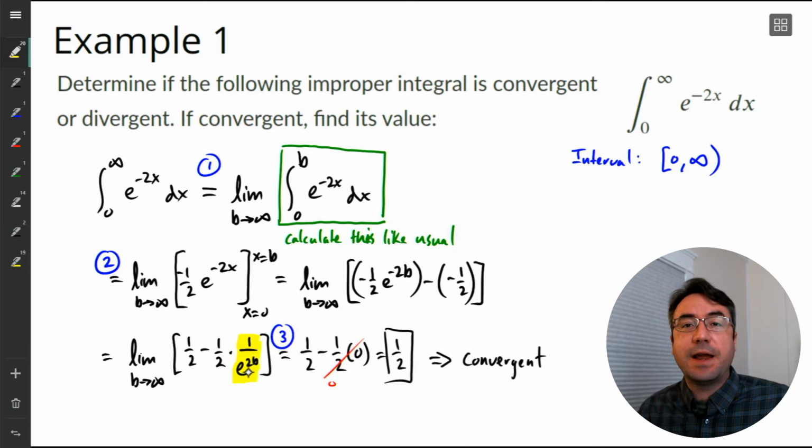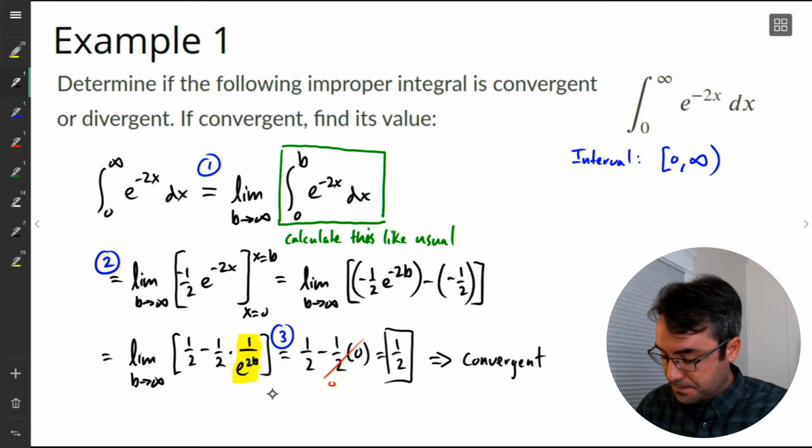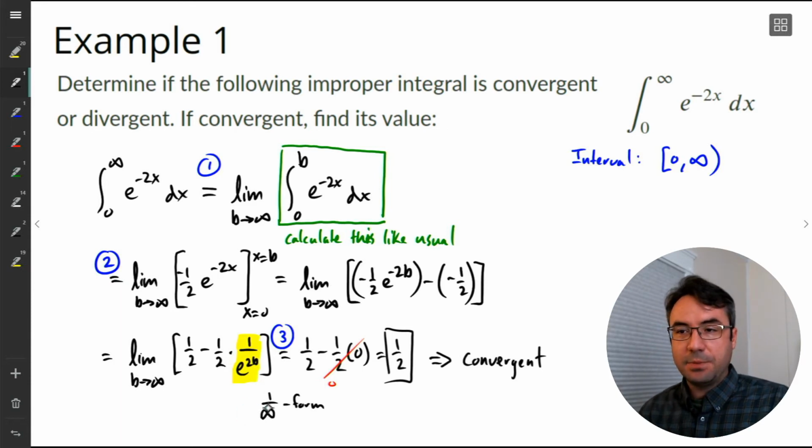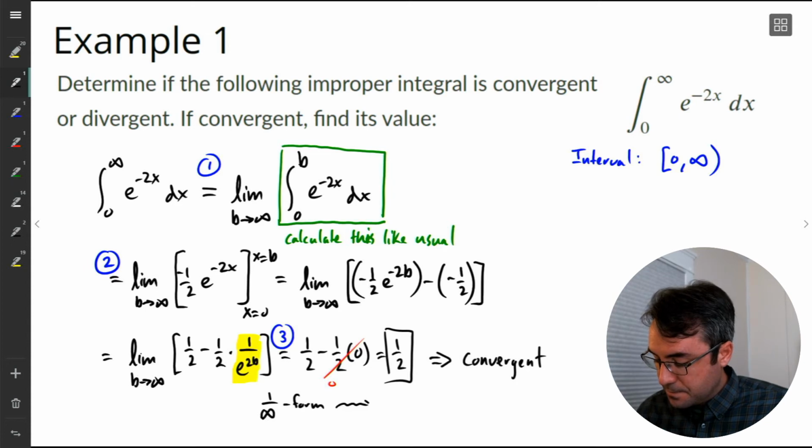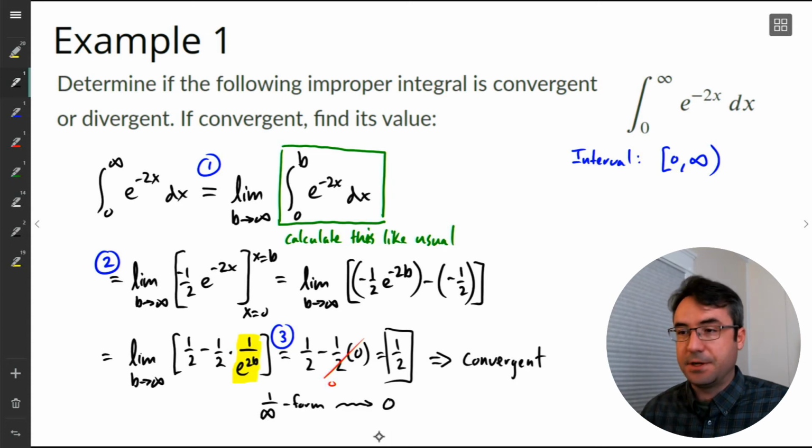And so when we have a fraction where the numerator stays constant and the denominator gets larger and larger, the overall limit of that fraction goes to 0. So we might consider this like a 1 over infinity form. We can't plug in infinity, so that's not actually what our limit is equal to, but a 1 over infinity form tells us that the limit goes to 0.